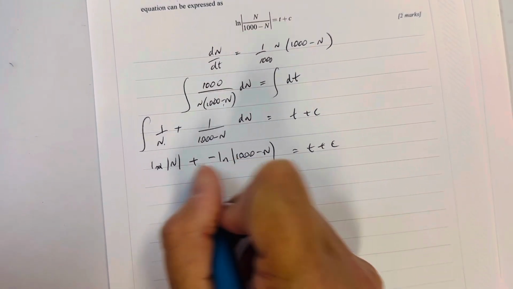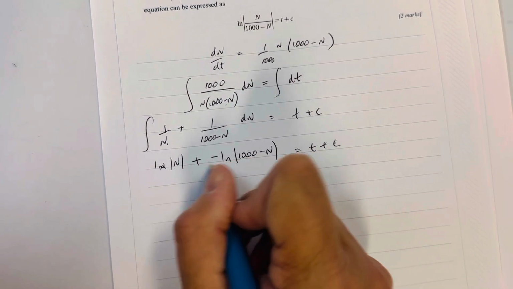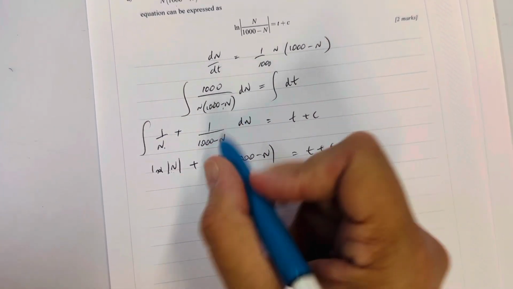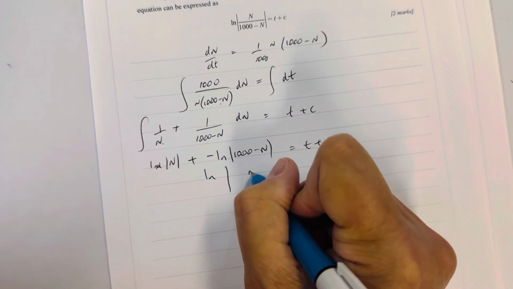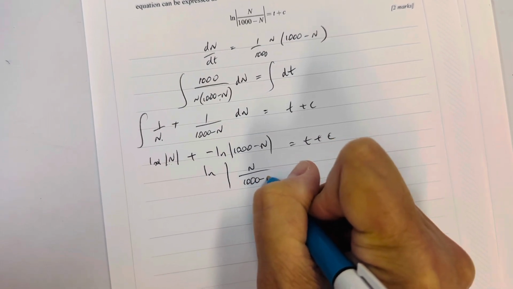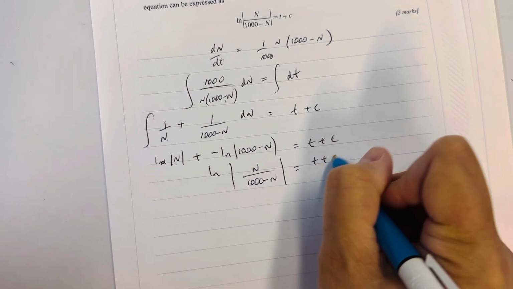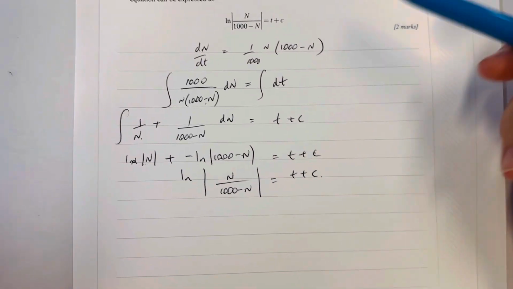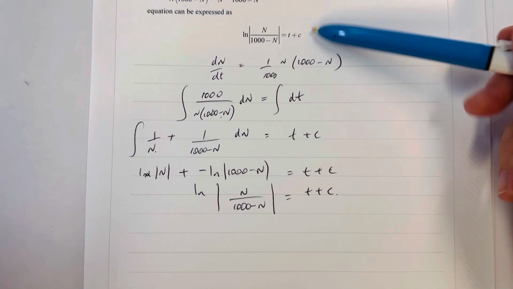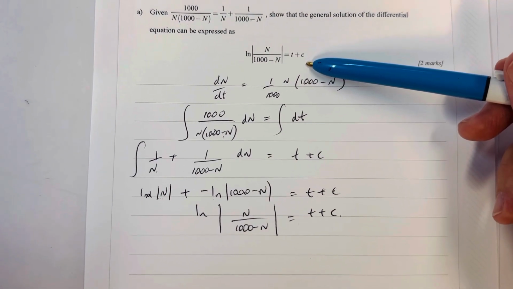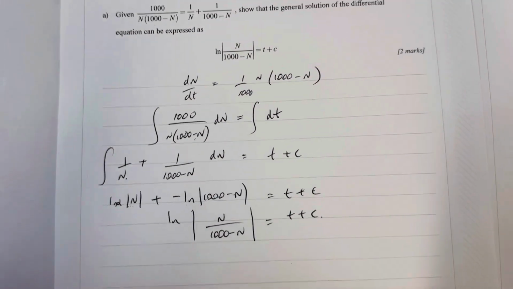This allows us to use our log laws because it's take away essentially, to make it ln(N over 1,000 minus N) equals t plus c. So that's what we had to show that it could be expressed as. So we've done that. Yay us.